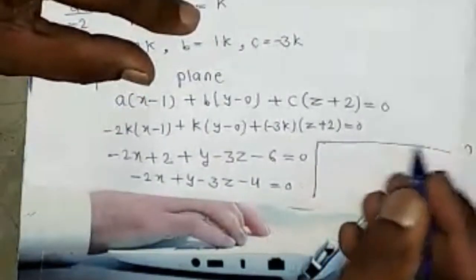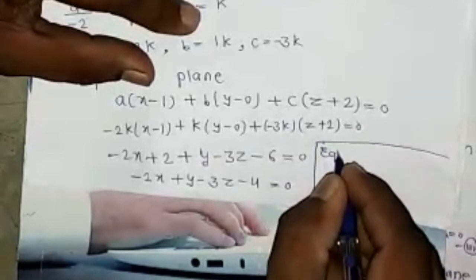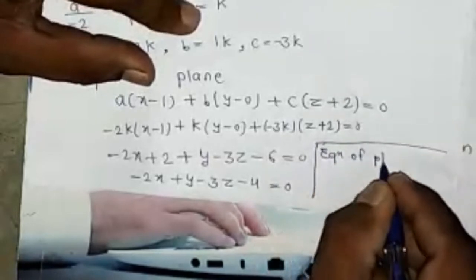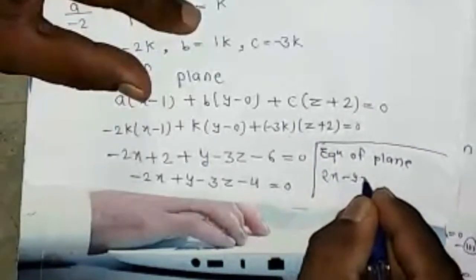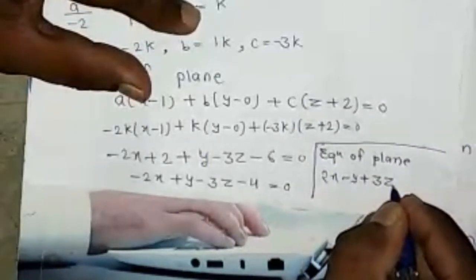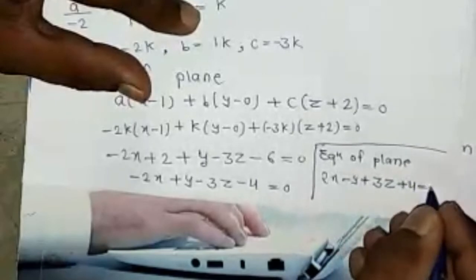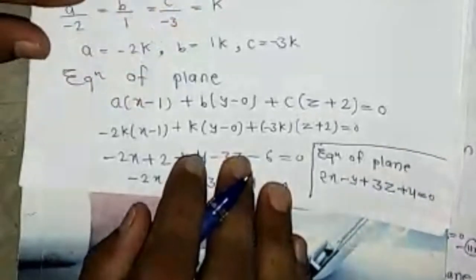Then the equation of the plane is 2x - y + 3z + 4 = 0, and it is the required plane.